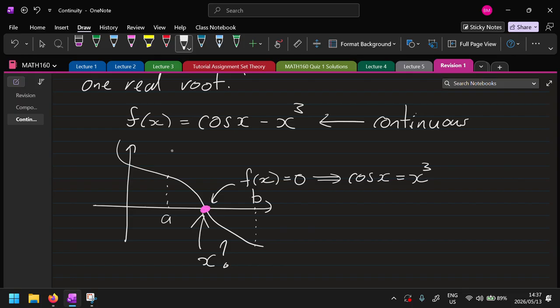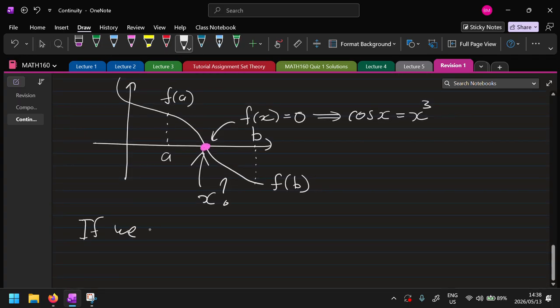So at x equals a, we have f of a, and at x equals b, we have f of b. We just picked a and b on either side. So if we can show that f of a is positive and f of b is negative, it means somewhere in between it must be 0. It's continuous. You can't go from positive to negative without going through 0.